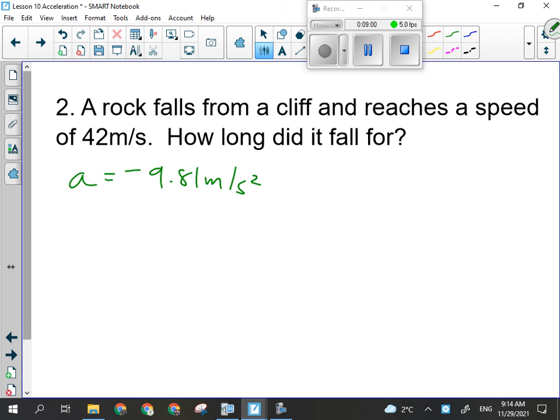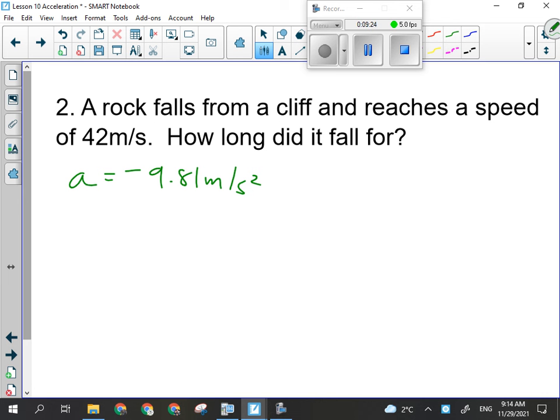I don't really have to make it negative because it never goes which way? Up. So it doesn't really matter. What's the other trick? Right, vi is 0. If something just falls, then its initial velocity is 0. It's essentially starting from rest. If it's thrown or shot, then it would have some vi that's not 0.